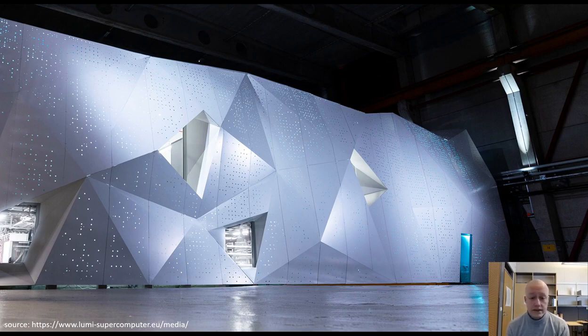What is interesting here is that the data center where the supercomputer is located uses 100% hydroelectric energy, which makes it also one of the cleanest data centers in the world. As a proof of being a green data center, the Lumi supercomputer received the Green Data Center of the Year award. So this should demonstrate that there is a high demand for sustainable computing, and sustainability generally is a hot topic nowadays, and for a good reason.